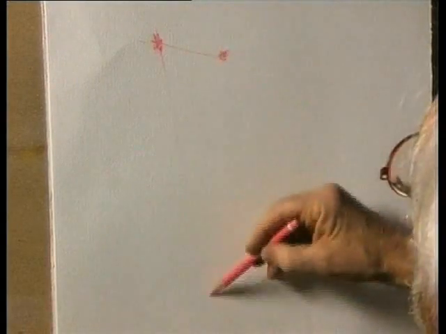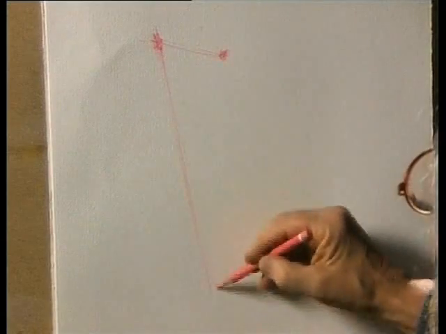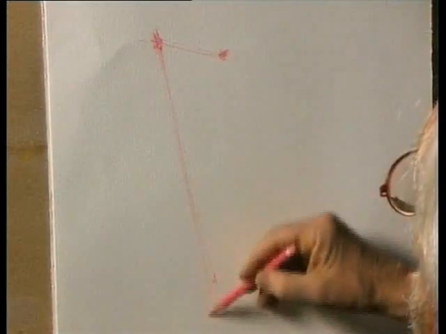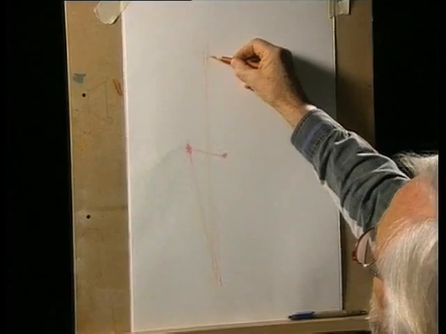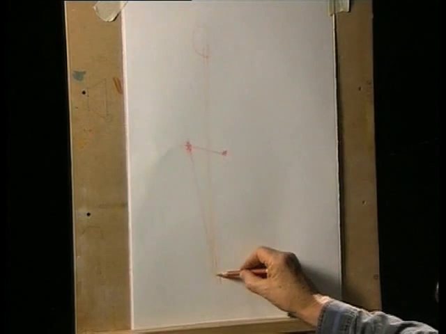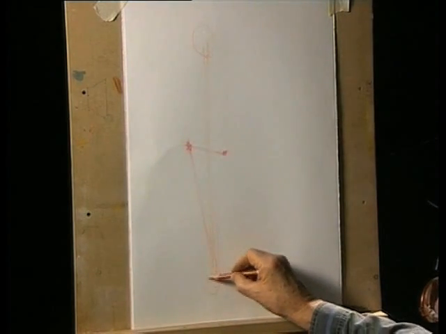Now, the general direction taken by the weight-taking leg in this case is going to be coming towards the center of balance. Now, this is representing the center of gravity. If you take that vertical line, you're going to expect that the head is directly above what I can hitherto call the weight-taking foot.